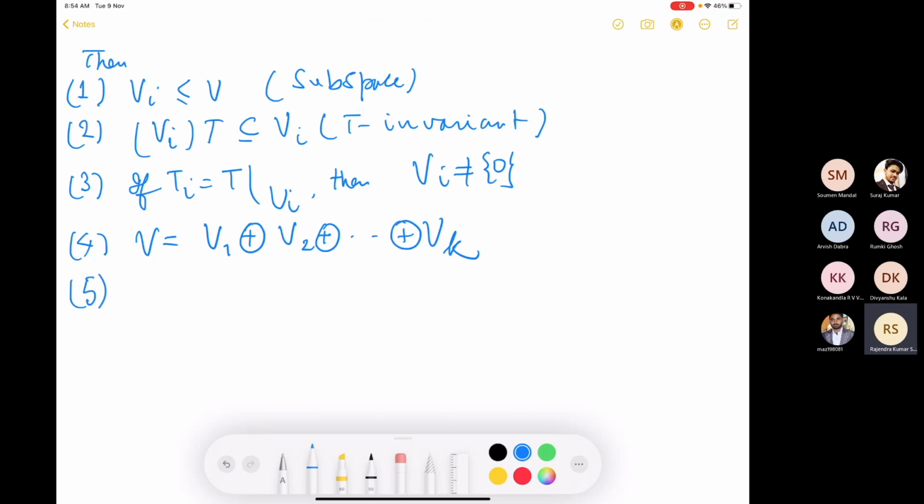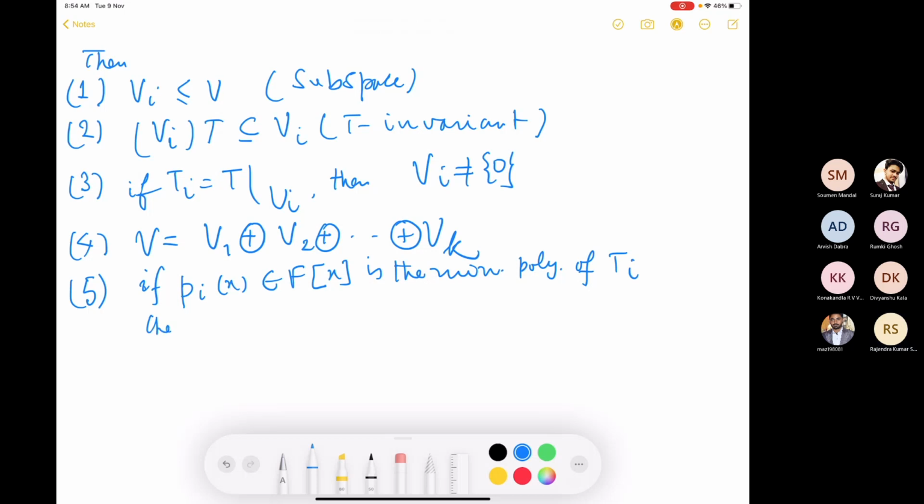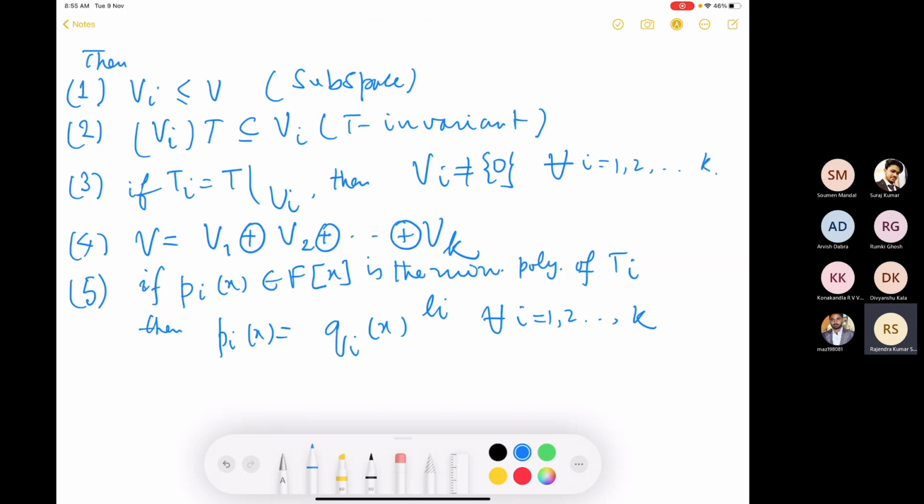Okay, and if pi(x) in F[x] is the minimal polynomial of Ti, then this actually is nothing but qi(x) power Li, for every i, 1, 2, up to k.